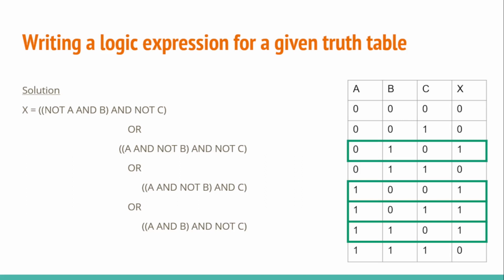where we have an output of 1, we have not A and B and not C, or A and not B and not C, or A and not B and not C and C, or A and B and not C. This is the final output for this truth table.